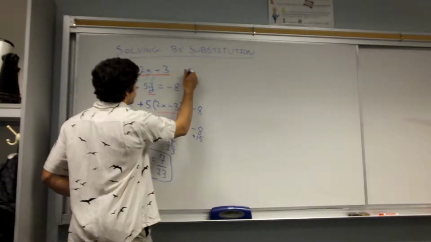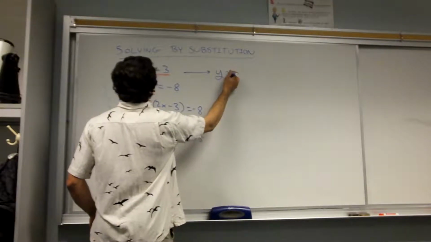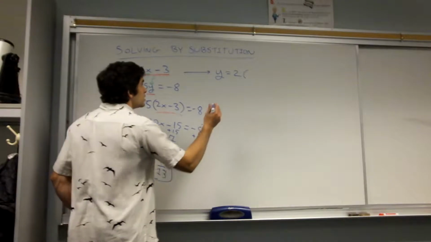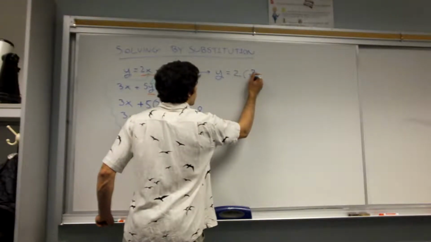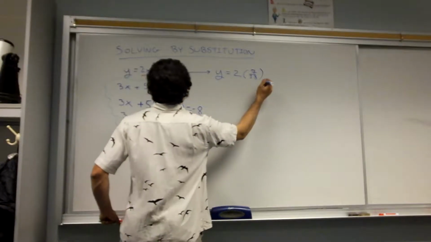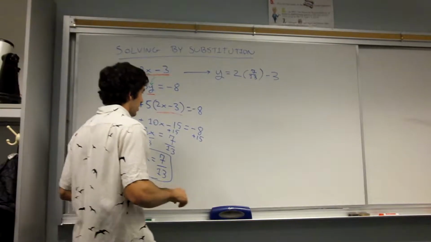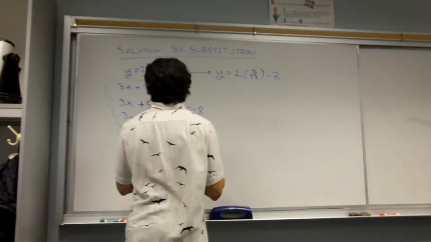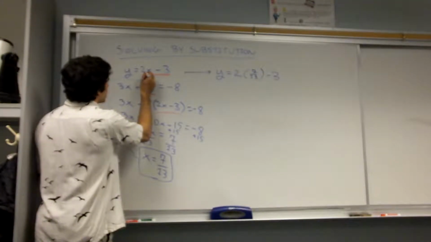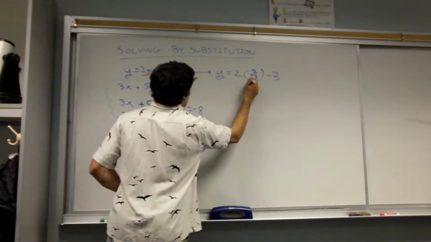So I'm just going to move over here, and we would get y is equal to 2 times 7 over 13 minus 3. And let's underline this x in orange so that we know that this is representing the same thing.